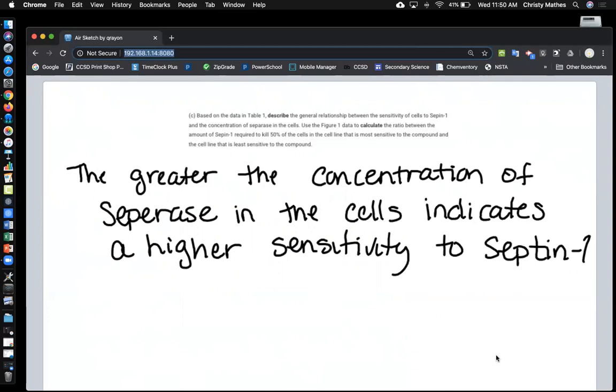In that, then we move on to calculate the ratio between SEPin1 required to kill 50% of the cells in a cell line that's most sensitive versus a cell line that's least sensitive. So you have to be able to do math and you have to be able to identify those two different cell lines.